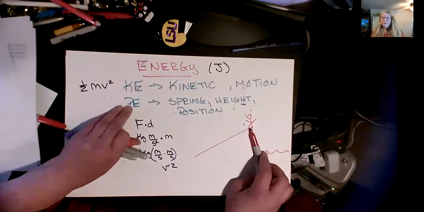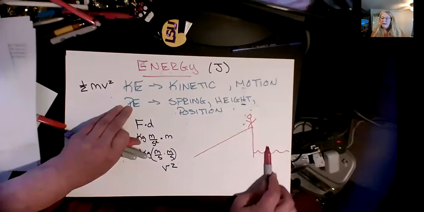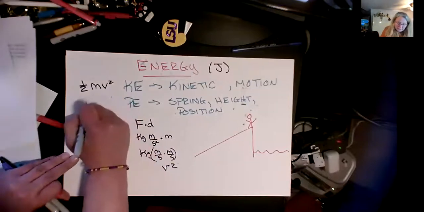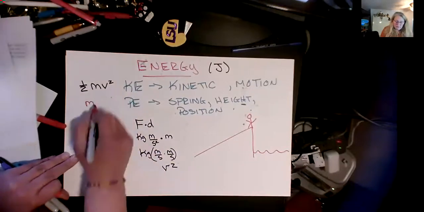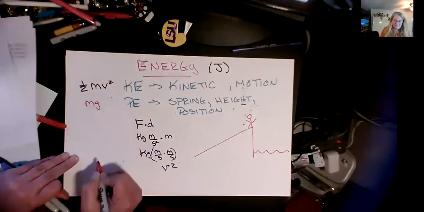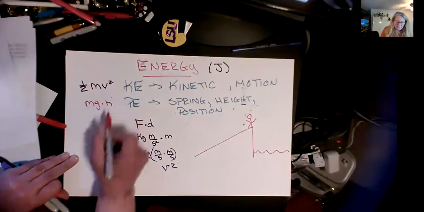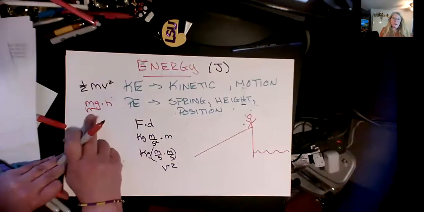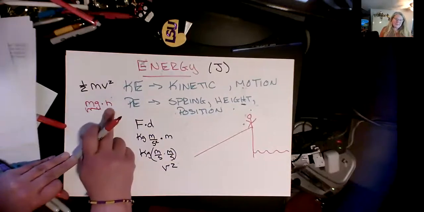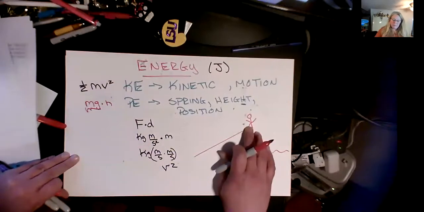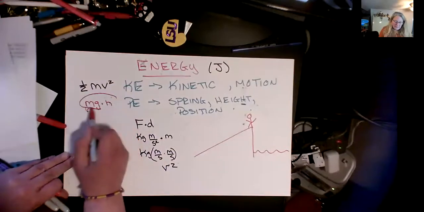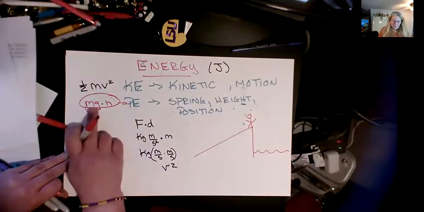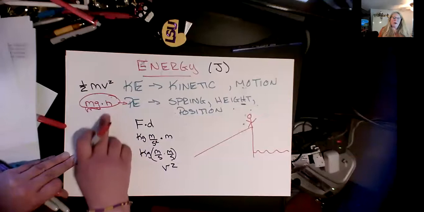I have the potential of converting that height into motion. So this one here is related strictly to my mass times gravity times height. Why did I do that? Isn't that just the force due to gravity, and that's the displacement straight up? So this is the potential energy for height. The force due to gravity moved some amount up.